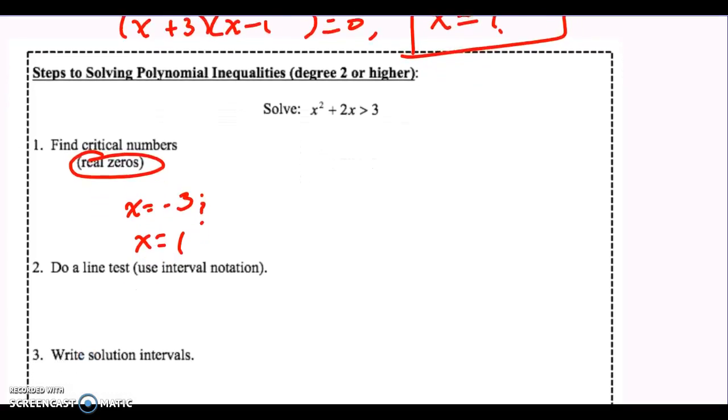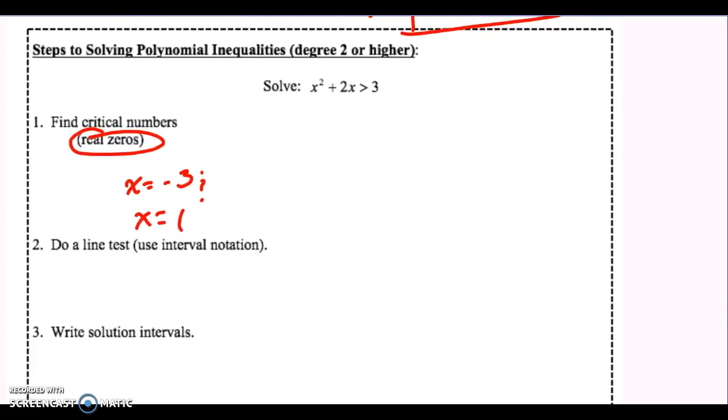Second, it says to do a line test. Now, this does not mean to actually draw a line and test it. That doesn't make sense. That's a silly thing to suggest. What it does mean, however, is you're going to draw a line. You're going to put a negative 3 down on a number line. You're also going to put down a 1.